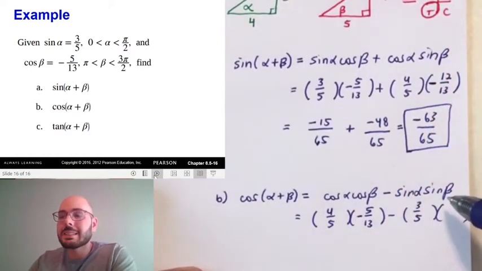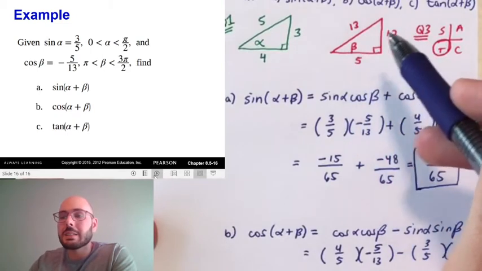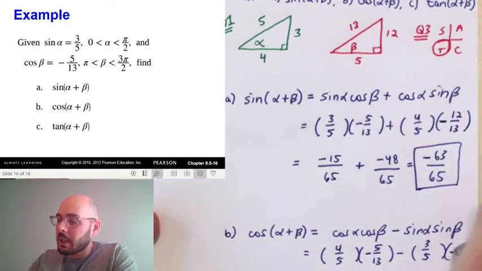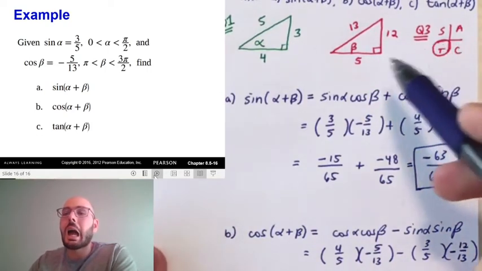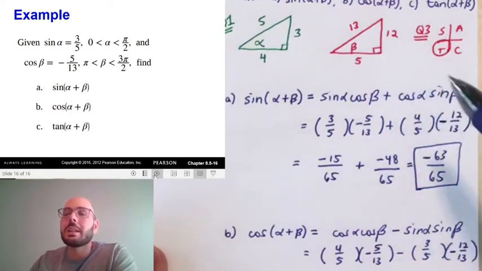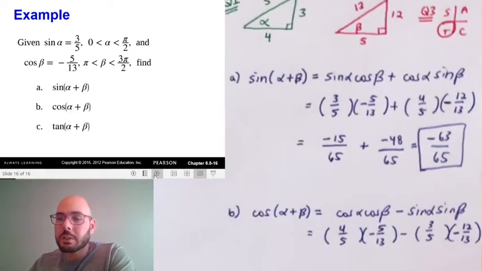And lastly, sine beta. Let's use our beta triangle. Sine is opposite over hypotenuse, 12 over 13. It's going to be negative, just like it was in part A, because beta is in quadrant 3, and sine would be negative in quadrant 3. Okay, so this looks similar to part A, but I think we'll still get a different answer.